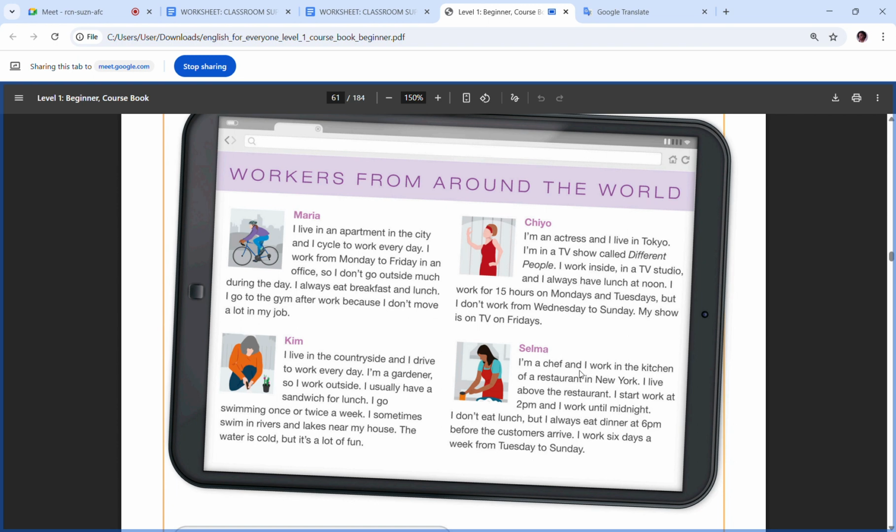I'm a chef and I work in the kitchen of a restaurant in New York. I live above the restaurant.